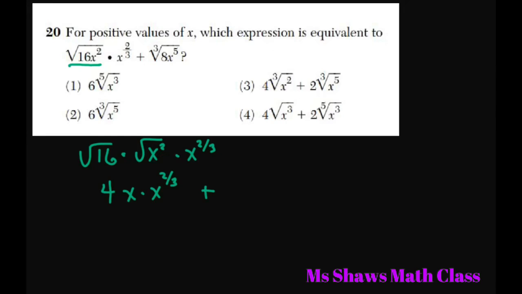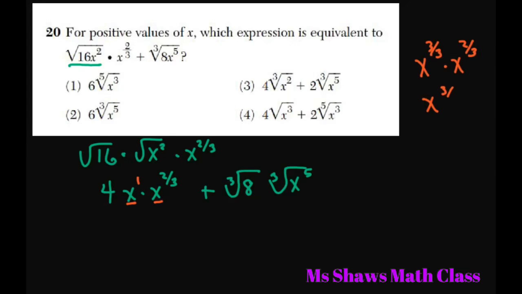And I'm going to split this up: cube root of 8 times cube root of x to the 5th. The only thing you have to do with the first part is, since I have the same base, I'm going to write this as x to the 3/3 times x to the 2/3, and that's going to give you x to the 3/3 plus 2/3, because when you're adding fractions, they have the same denominator.